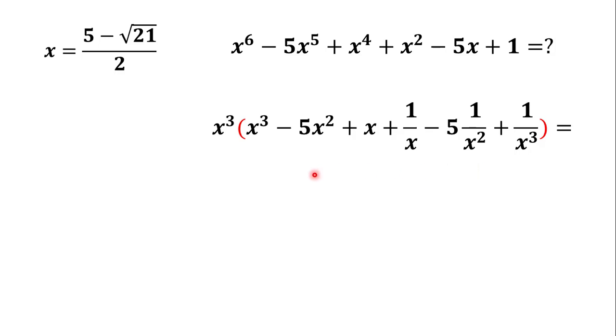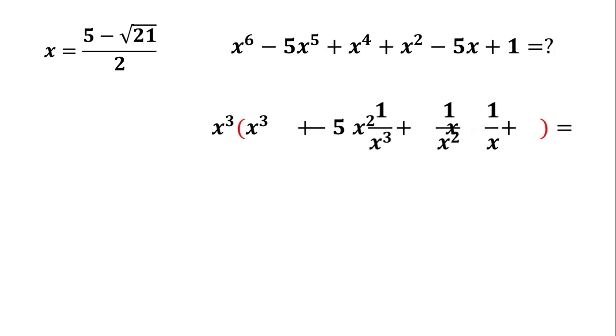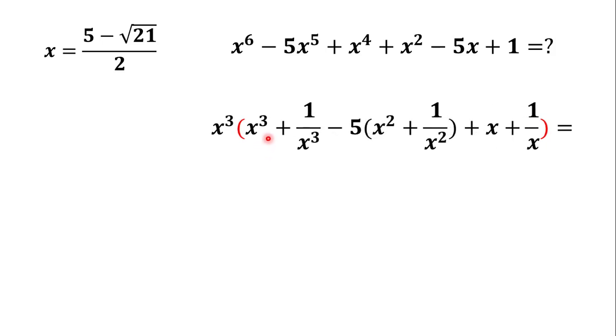Now we want to write the terms that have the same exponent together: x cubed and 1 over x cubed, x squared and 1 over x squared, x and 1 over x.